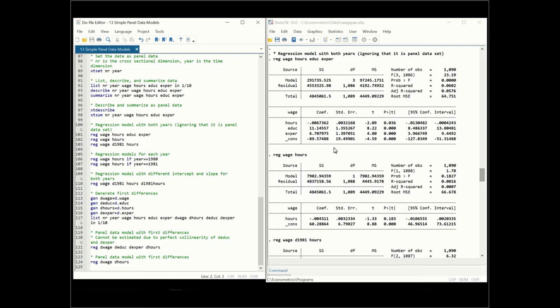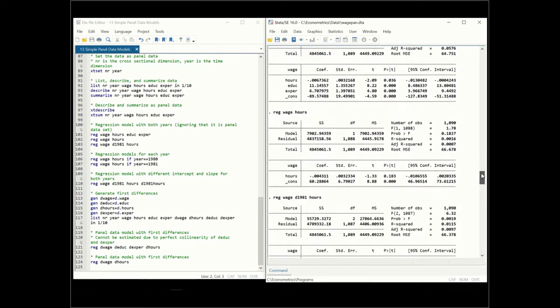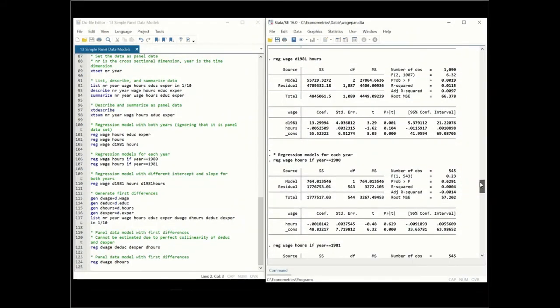So I'm actually looking at this coefficient that we have here on hours, and that coefficient is basically very small. It's less than 1 cent, and it's actually not even significant. So we can also estimate the model where we have wage regressed on a dummy variable for 1981 and hours.